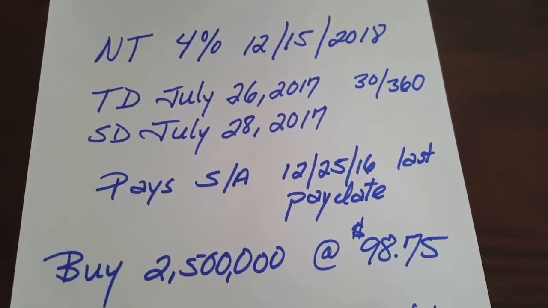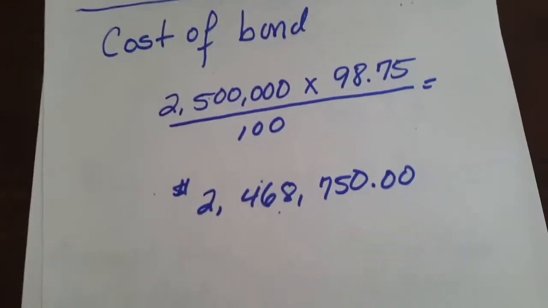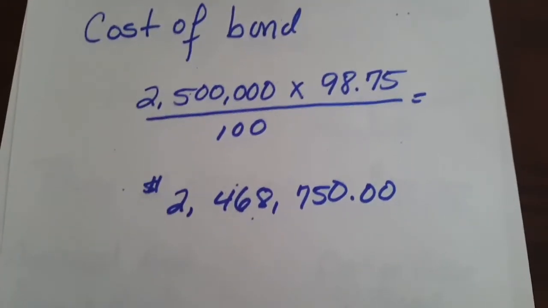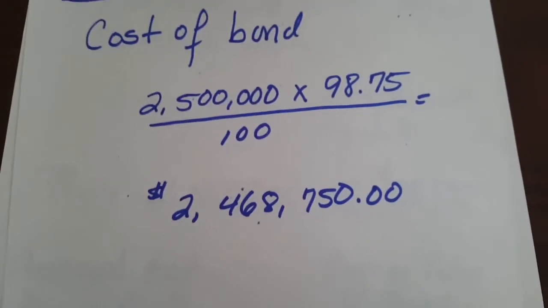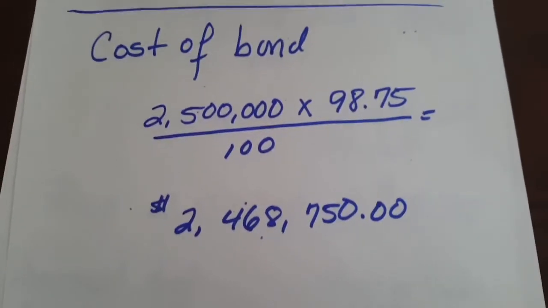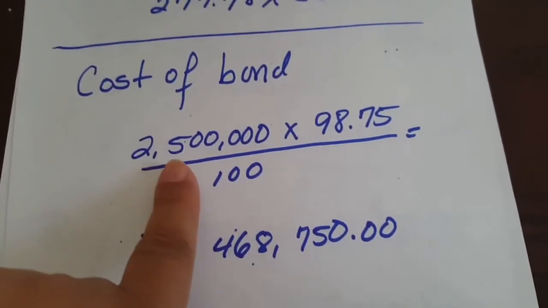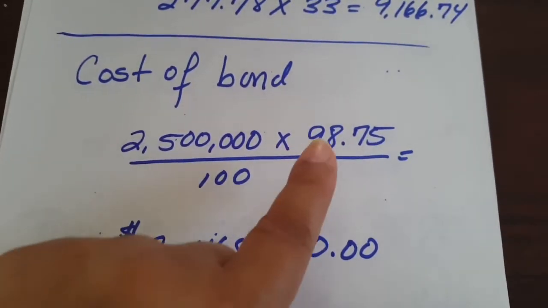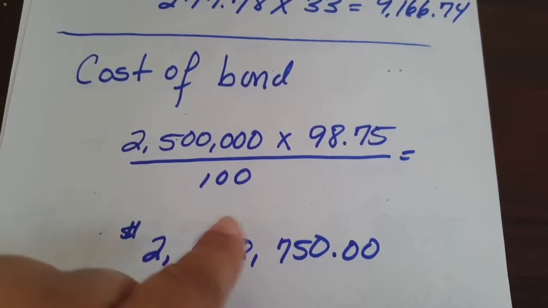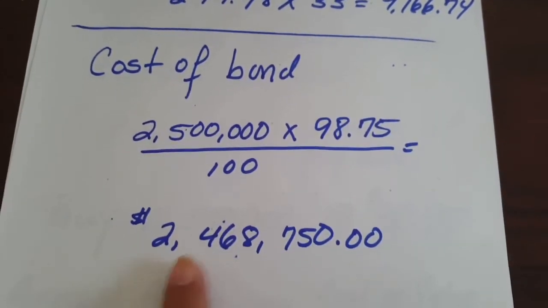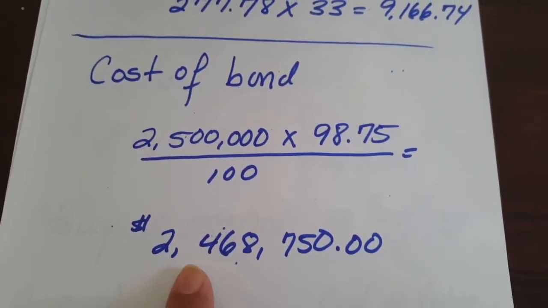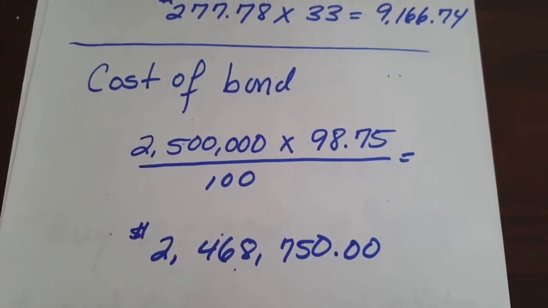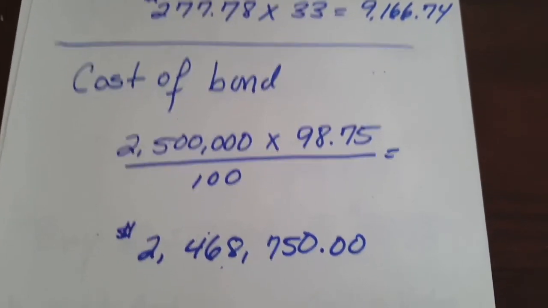So let's go ahead and do that. The value of the bond, or in this case we purchase, so it's the cost of the bond, is going to be 2.5 million bonds times 98.75. And I need to remember to divide it by 100 to give me the cost of 2,468,750.